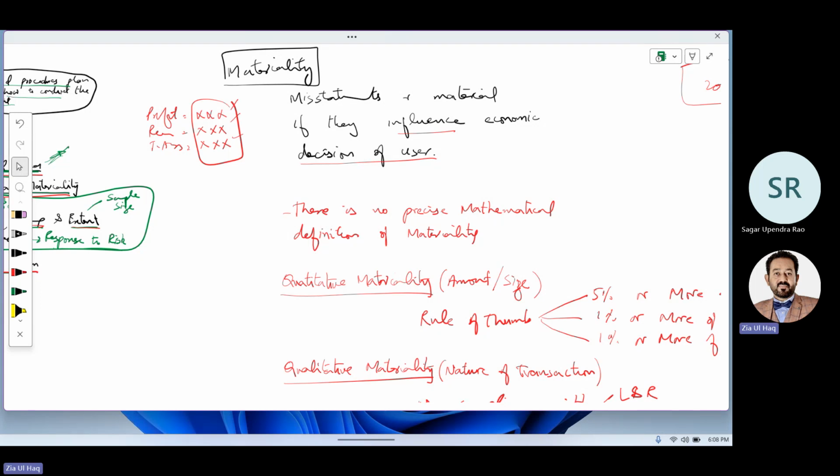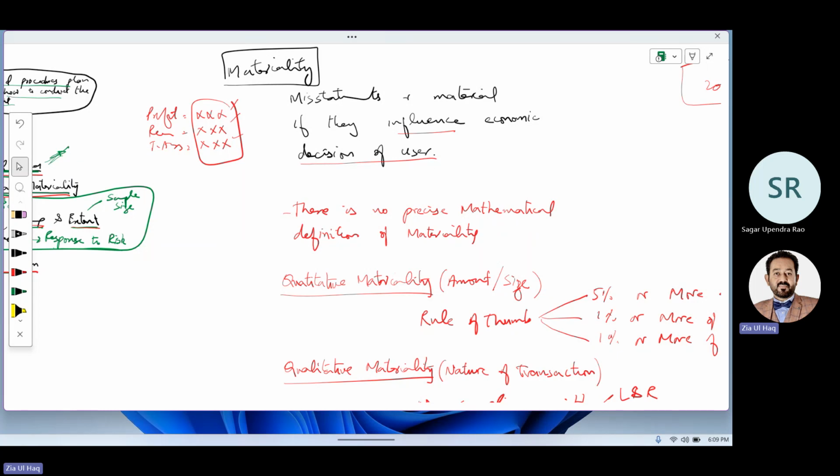This is based on materiality. If the misstatements in financial statements are material, meaning big, influencing the decision of any user, this means the financial statements are not true and fair. But if the misstatements are immaterial, meaning not big and not influencing any decision of users, those misstatements can be ignored easily because they have no impact on the financial statements.